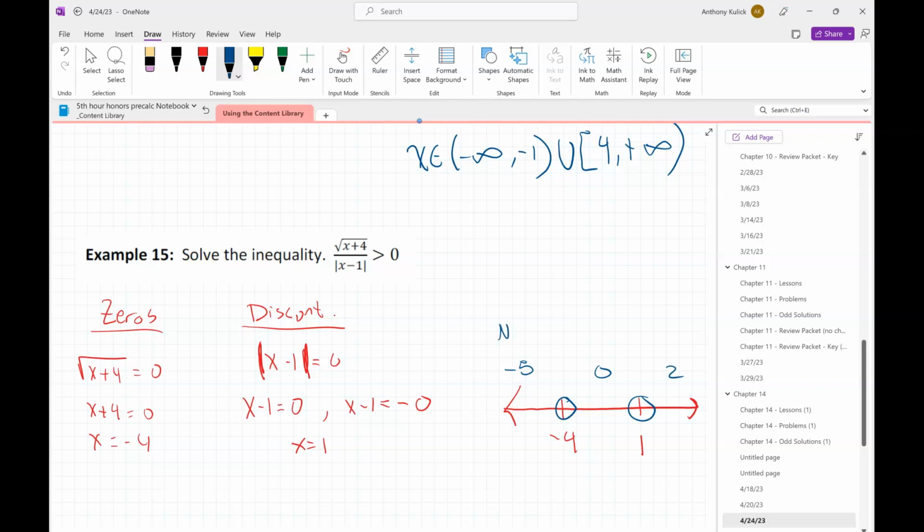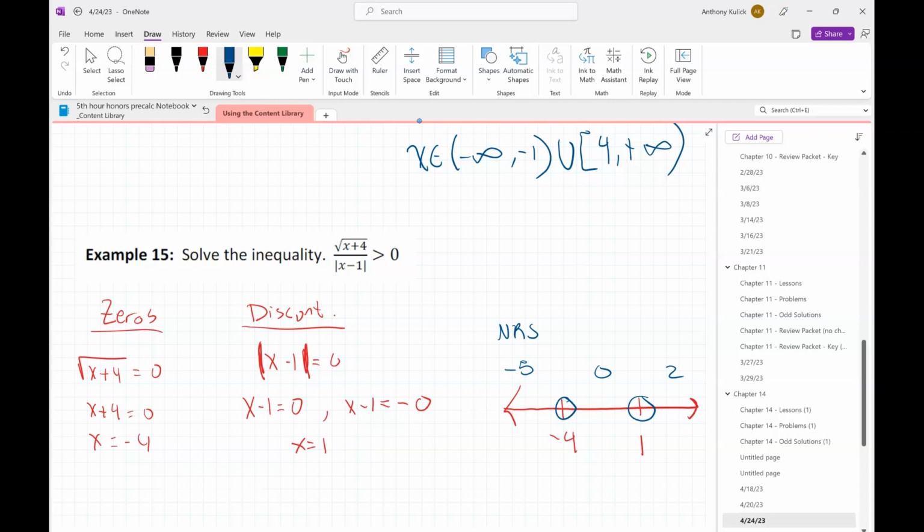So instead of writing positive or negative here, I'm just going to write no real solutions. So that's not going to be part of any answer, regardless of whether it was positive or negative, because it's a non-real thing, so it just doesn't even count. Everybody's all good with that?